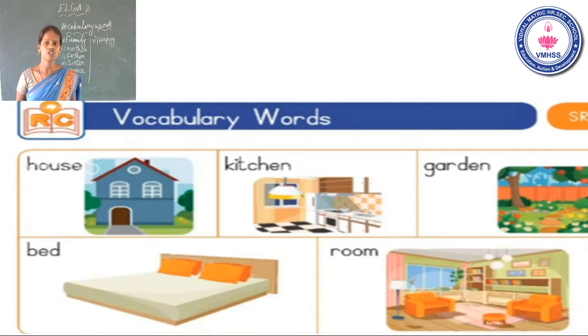Fourth one is bed. Next one is room. Okay, once again read it. Please follow me. First one is house. Second one kitchen. Third one garden. Next one bed. Last one room. It's clear? Now go to the next one.